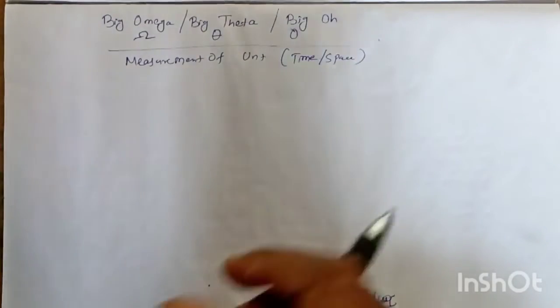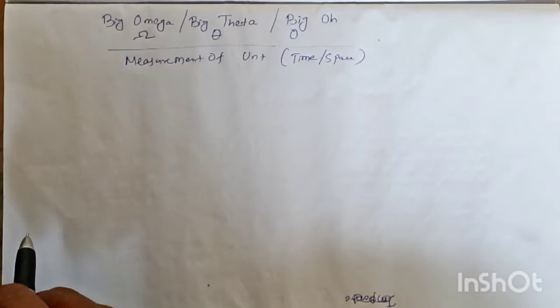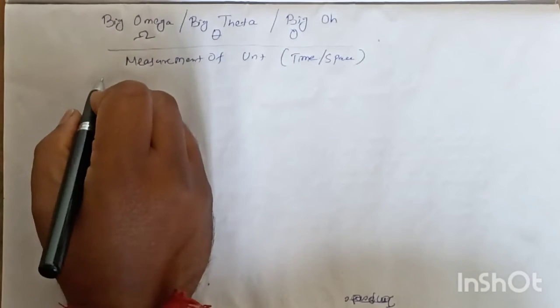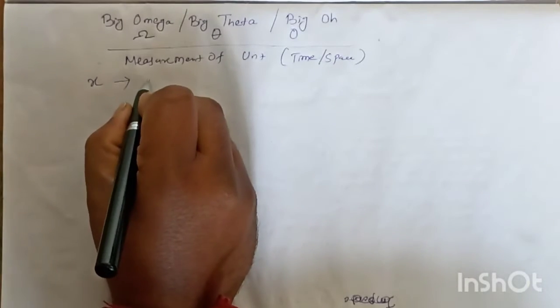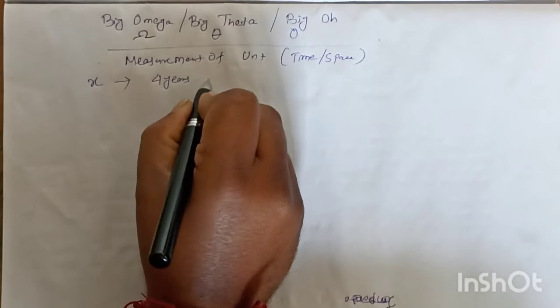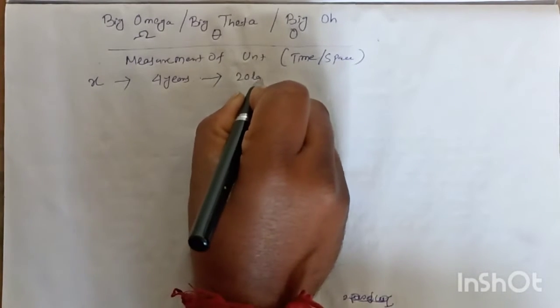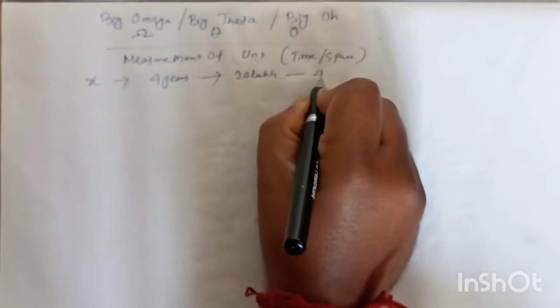So let's understand what these big omega, big theta and big O mean, and how they help us. Let's consider a job. Say X company has mentioned that for a 4 years candidate, we can give from 20 lakh to 40 lakh.